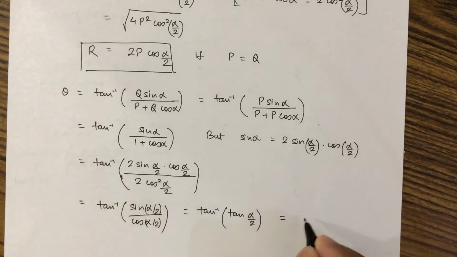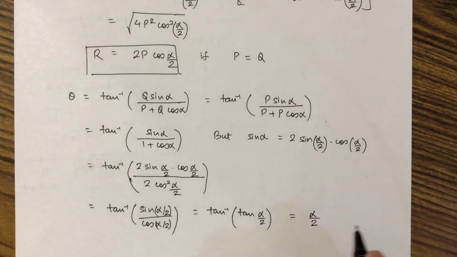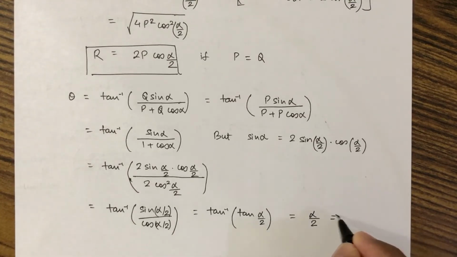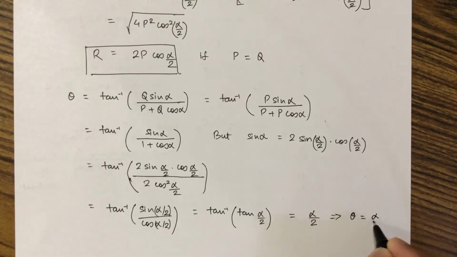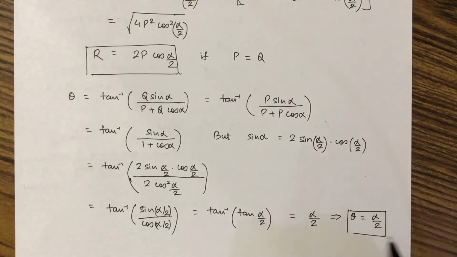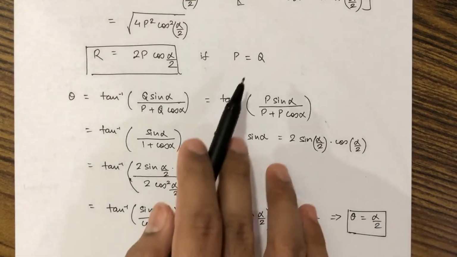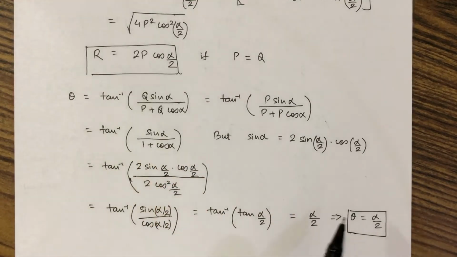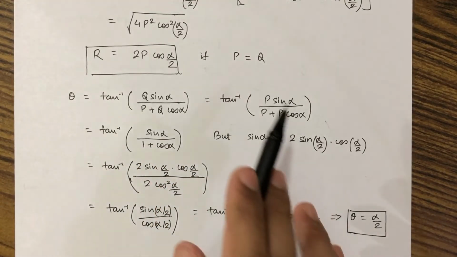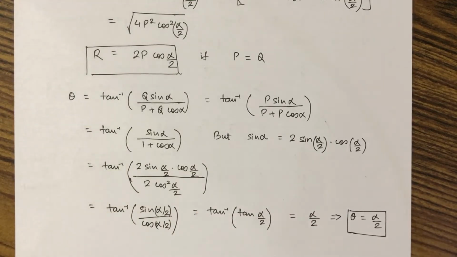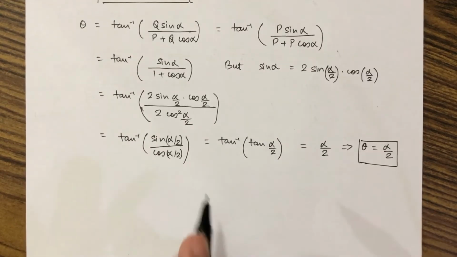Ultimately, it will be alpha by 2. Hence, this theta is equal to alpha by 2 if P is equal to Q. Theta is the direction of the resultant and alpha is the angle between both the forces P and Q. This is the first case.